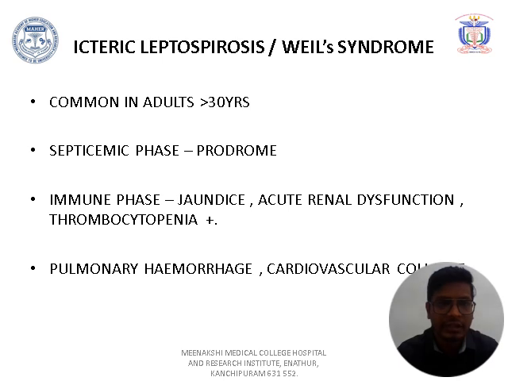There is usually no mortality. Icteric leptospirosis is the second type, occurring most commonly in adults. It has the same septicemic phase with prodromal symptoms like fever and chills, but the immune phase is different. Instead of aseptic meningitis with uveitis, Weil syndrome presents with jaundice, acute renal dysfunction, thrombocytopenia, pulmonary hemorrhage and cardiovascular collapse.